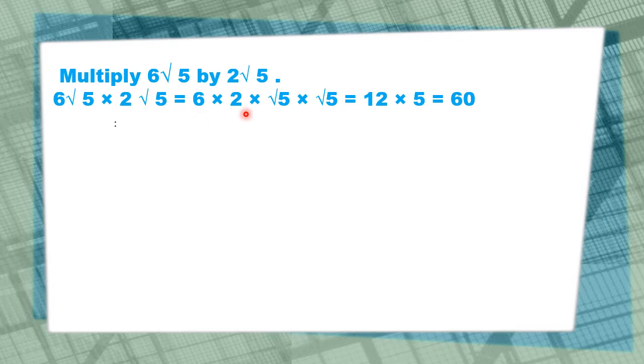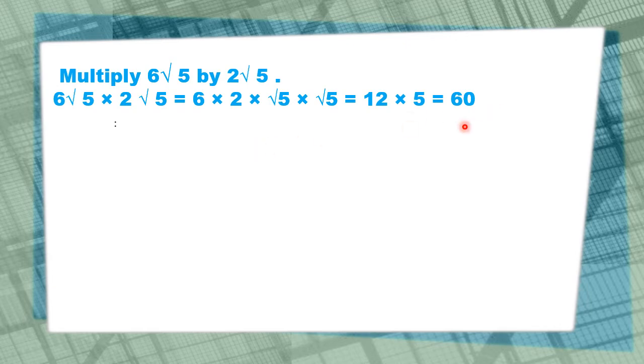So 6 twos are 12. We arrive at the result very easily. And when we have grouped these roots together, root 5 into root 5 is very easy. It is 5. The roots get cancelled. Root 5 into root 5 is root 5 squared, which is 5. 12 5s are 60.